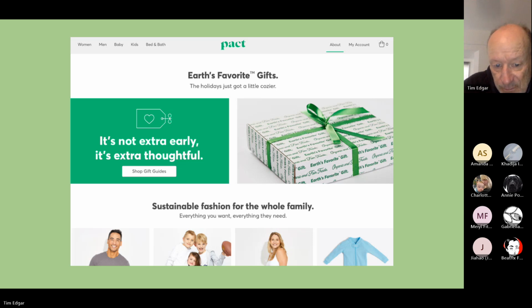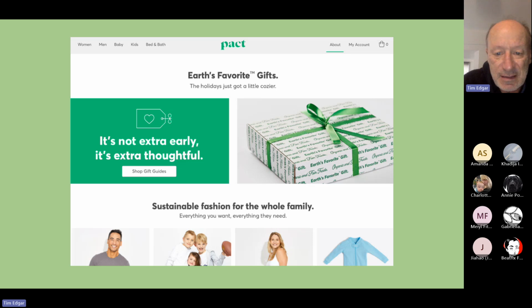And here we've got Pact, which is a good example. They only use organic cotton, partner only with fair trade certified factories, offer carbon offset shipping.